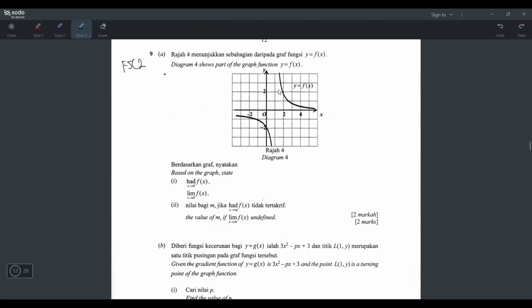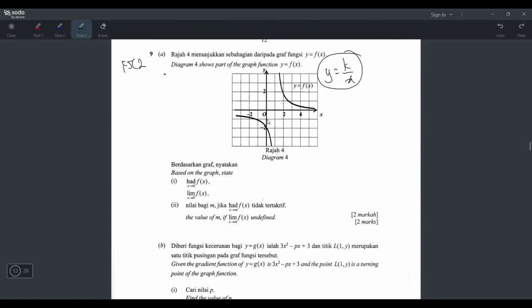Okay, for this kind of equation, it will look like this. When it looks like this, you will get a shape like this for the graph. But you will realize that it's not undefined at 0. If it's like that, then it will be undefined at 0.